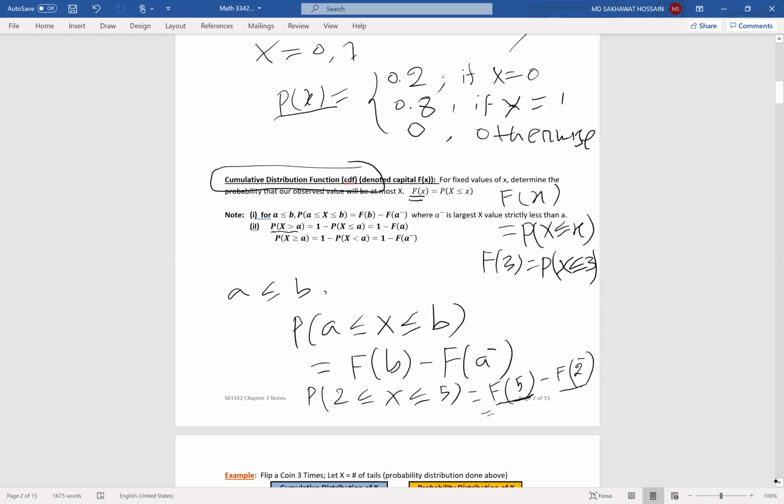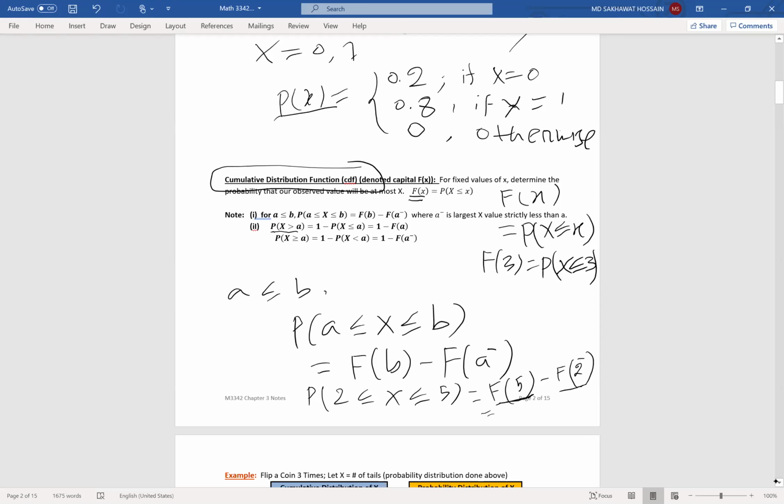So we are looking for the probability of X greater than a, but using the CDF function, you cannot directly find this probability, because the CDF function always gives you the probability of less than some number.